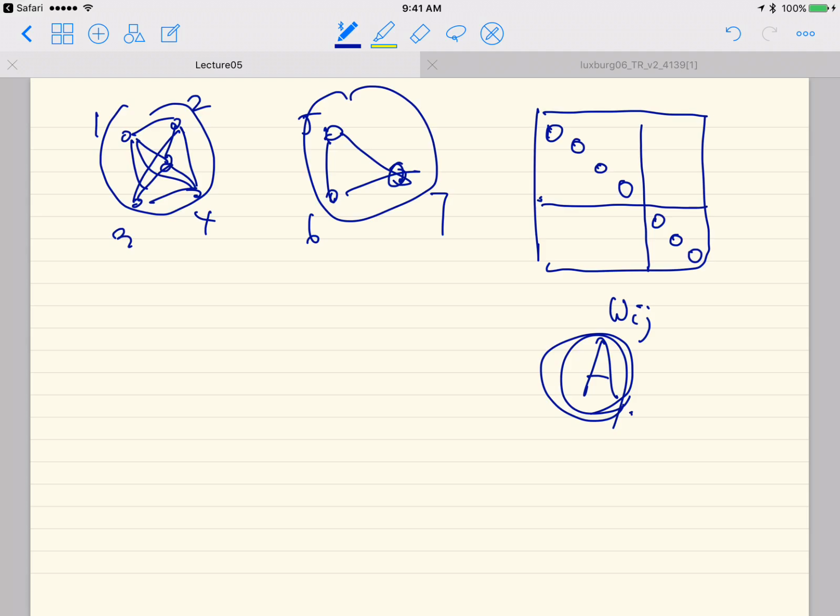In the simple case of an unweighted graph, I mean whether we have a friendship or not, we have 1s within each block, and we all have 0 elsewhere. Okay? So this is the adjacency matrix A.